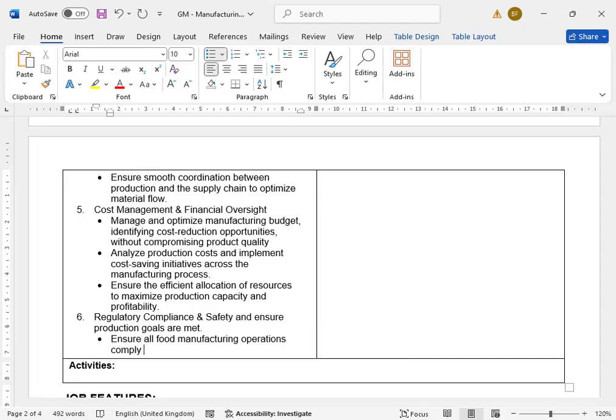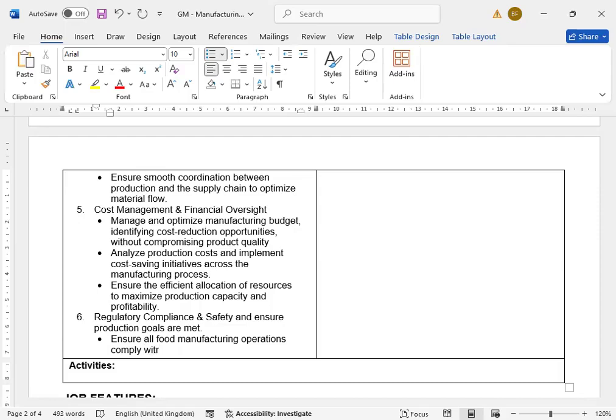Remember, this is under the regulatory compliance: FDA, USDA, SQF, ISO, things like that. Even BSU, if you're using BSU, British Standard Units.